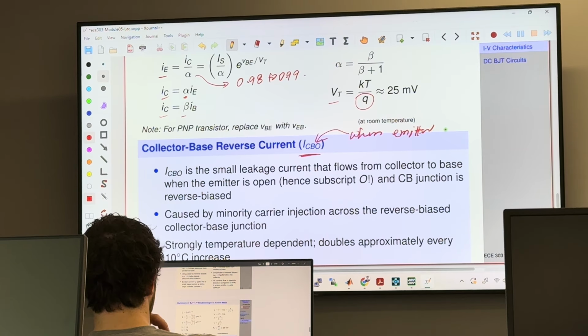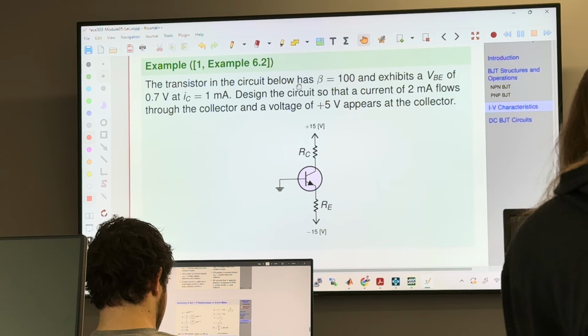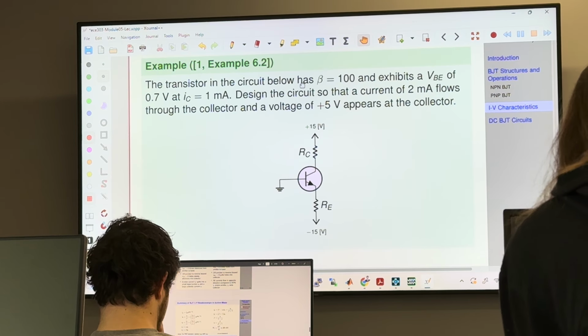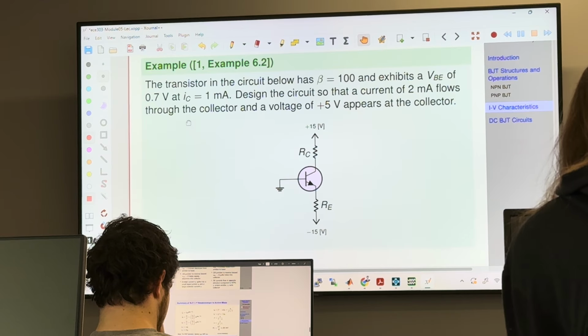Let's go through this example. In this example, the transistor in the circuit below has beta equals 100. What does that mean? Immediately you can say that the collector current is going to be 100 times more than the base current, right?